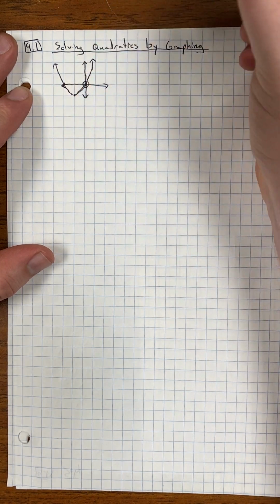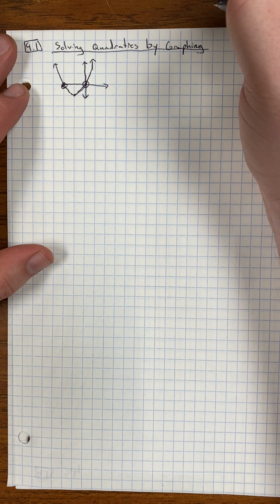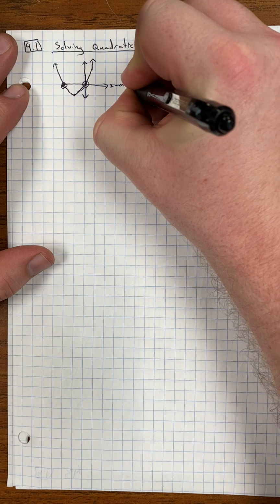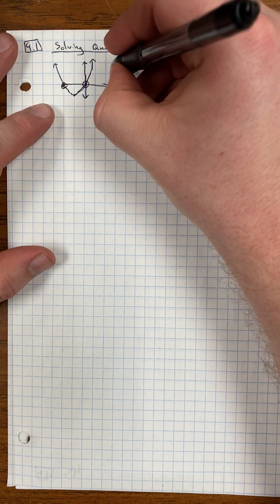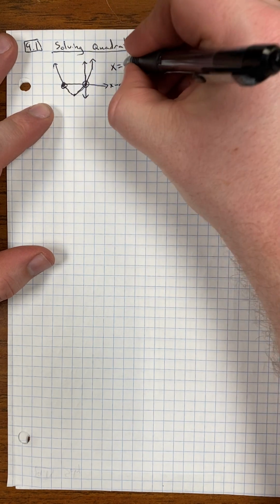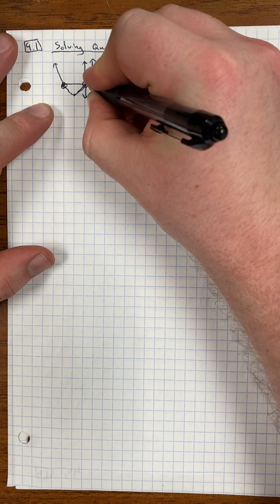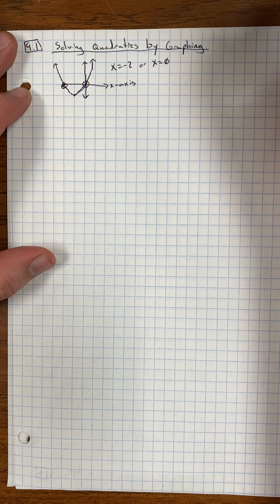Basically, what we're going to find is that the point where the graph crosses the x-axis is going to contain our answers. So we're going to end up with two answers for this one, where x is equal to -2, or x is equal to 0, right?